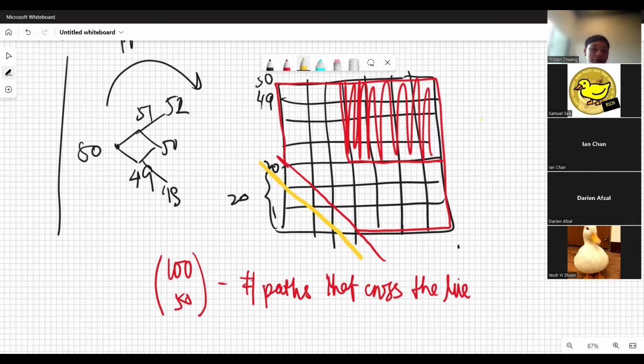But let's say you calculate the number of ways to get from this point to the end. But first of all, there are even like 20 points on the line itself. And once you calculate that, you still have to calculate the number of ways to go from here to here, which is more than one. You want to multiply by the number of ways to go from there to there.